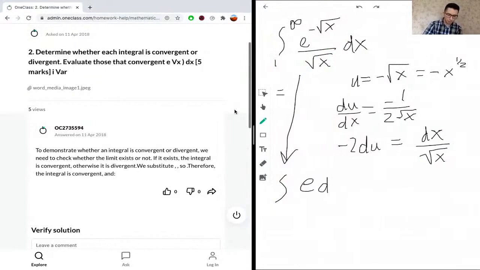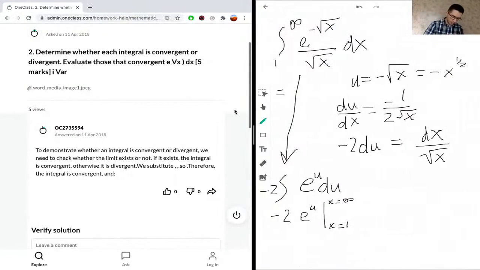So we have the du over here, and we can pull the negative 2 to the front. Now we have a more simple integral. The integral of e to the u is just e to the u. So we have negative 2 e to the u, and we have to evaluate this at x equals infinity and x equals 1.